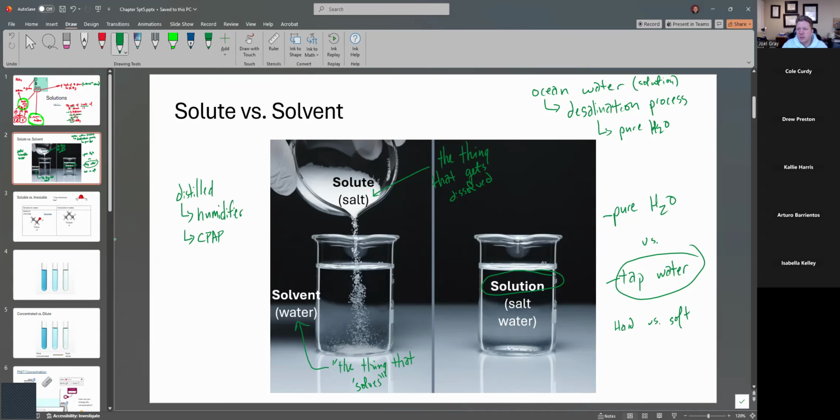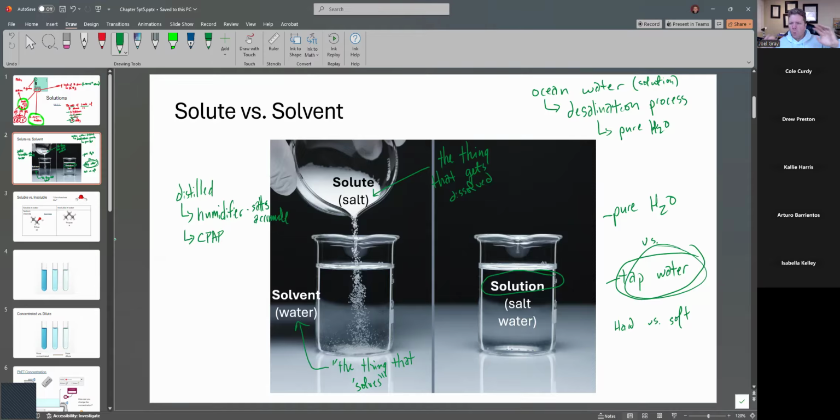And if you use tap water for that, then you're going to have lots of salts accumulate, and those are going to be problematic for that instrument or for that machine.